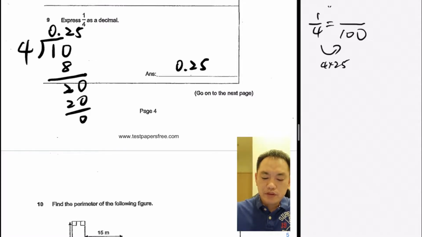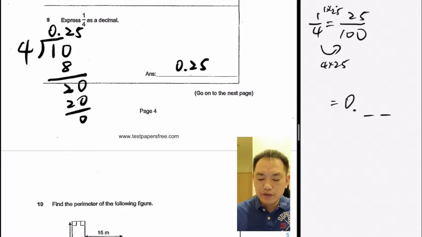So 1 times 25 also equals 25. So 25 over 100 means it's starting with 2 decimal places, because there were 2 zeros, and then you fill in the number from the back. So 5 and then 2, and you don't need to fill in any zeros. So it equals 0.25, which is the same as what we did with the division.